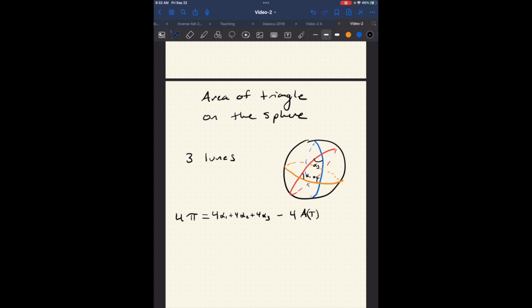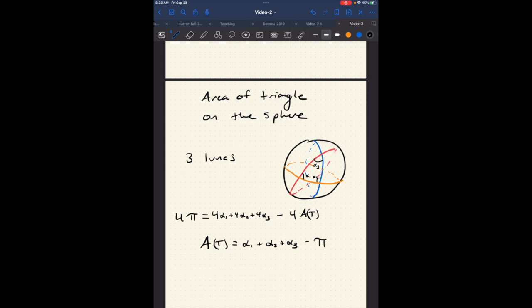So really there's 6 coverage, but we want 2 of them to account for the surface area of our sphere. So if we solve this for the area of our triangle, everything has a factor of 4, so the area of our triangle is equal to alpha 1 plus alpha 2 plus alpha 3 minus pi.